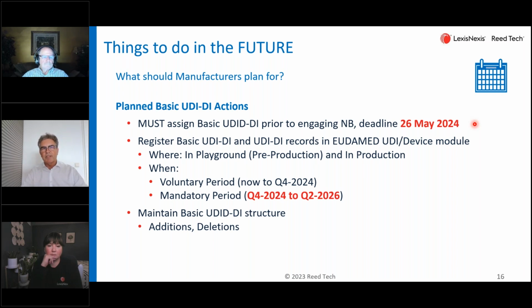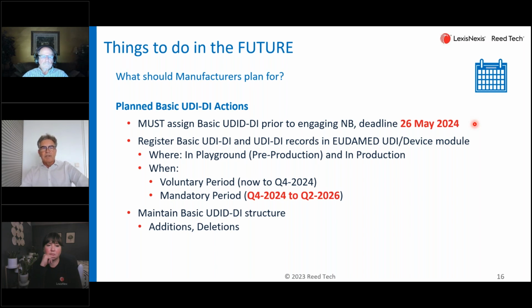So if you don't have your basic UDI structure in good order, it will only pop up at the moment the notified body starts reviewing. So you better make sure you have your basic UDI structure in good order, including any Article 22 structures, because that is about how your device is going to be used.